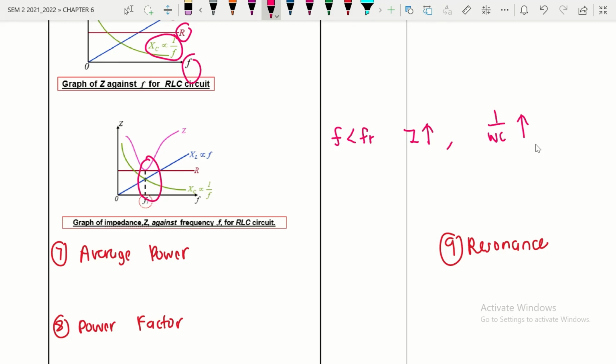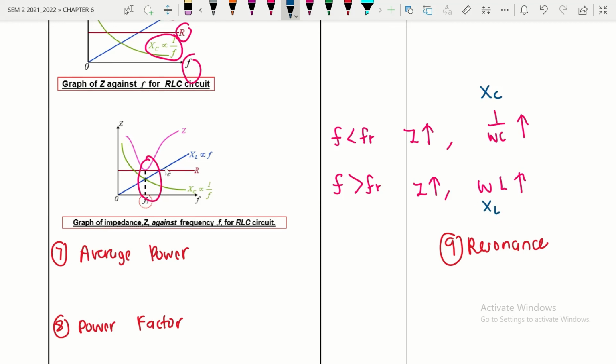Sama juga, bila dekat high frequency, maksudnya bila frekuensi awak lebih besar daripada resonance frequency, you punya Z still large. Z pun besar. Kenapa? Sebab omega L awak is large. Ini maksudnya senang cerita, 1 over omega C ni sebenarnya you punya capacitive reactance. Kalau omega L ni adalah you punya inductive reactance.